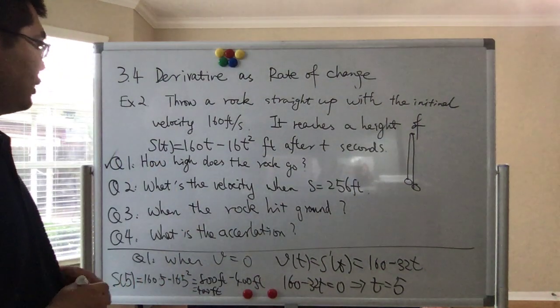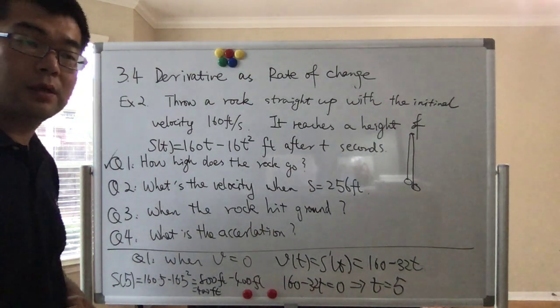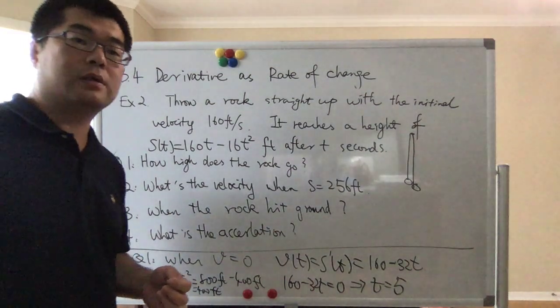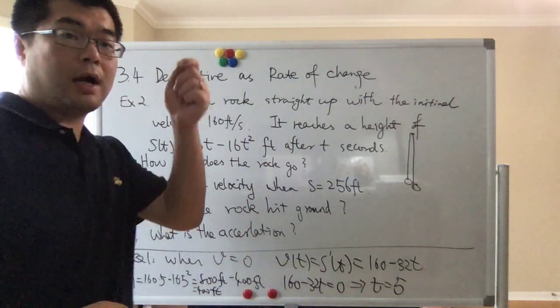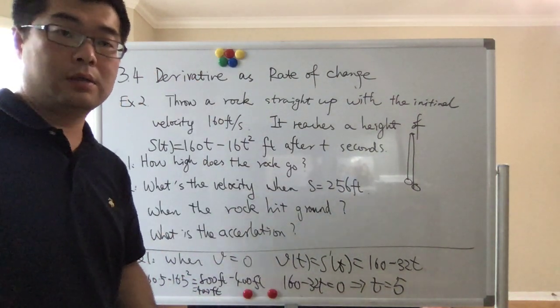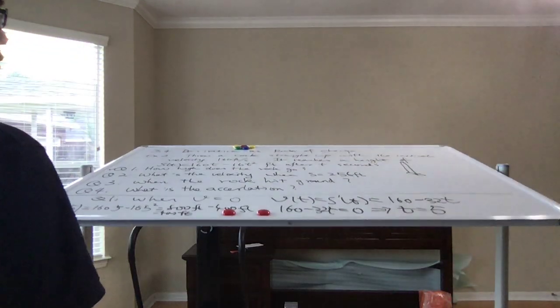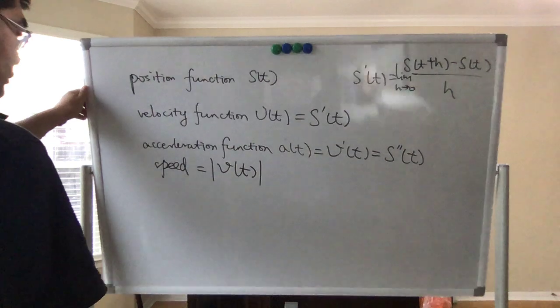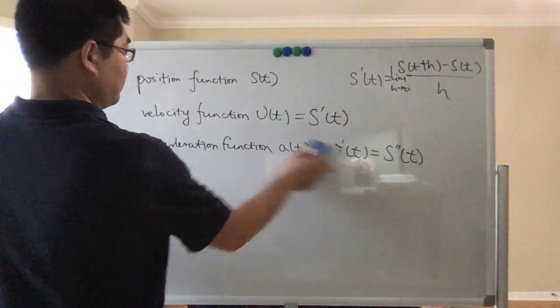Now let's look at what the velocity is when s equals 256, and also whether the rock is going up or going down.